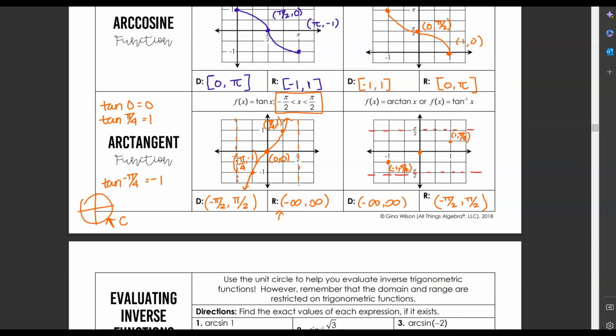If we picture this line here and think of what that reflection would look like about that line, we'll get something that looks like this. Okay, and so there's our graph for our arctangent.